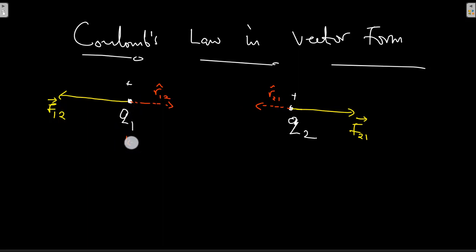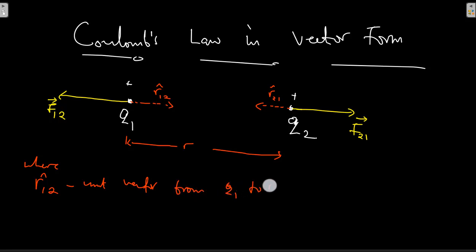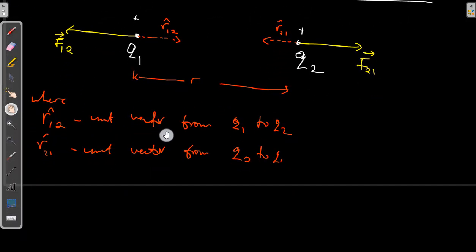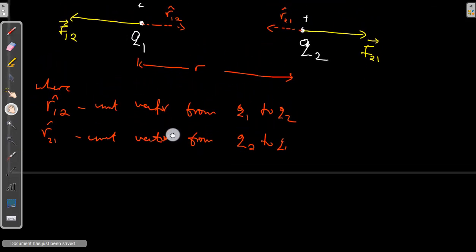The distance between the two charges is R, so I indicate that here too, where R cap 1 2 is the unit vector from Q1 to Q2, and R cap 2 1 is the unit vector from Q2 to Q1. Okay, nice. Let us now rewrite Coulomb's law in vector form, having all this in mind.